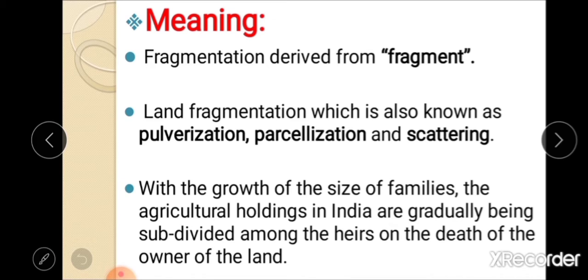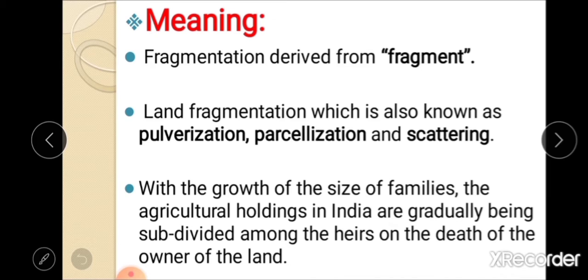Land fragmentation is also known as pulverization, parcelization and scattering. As we know, with the growth of the size of family, the agricultural holding in India is subdivided among the children on the death of the owner of land. In this way, generation after generation, land is being subdivided and fragmented.